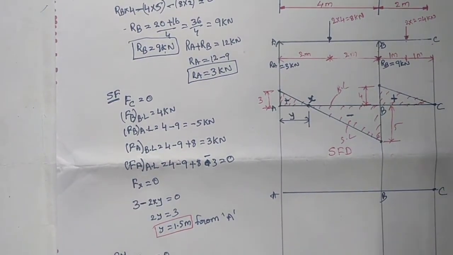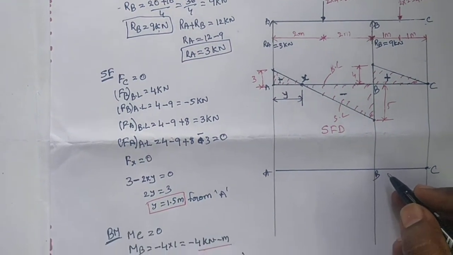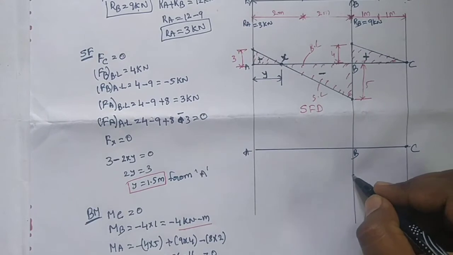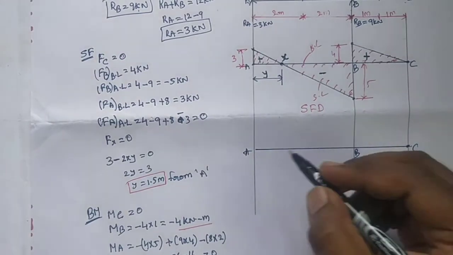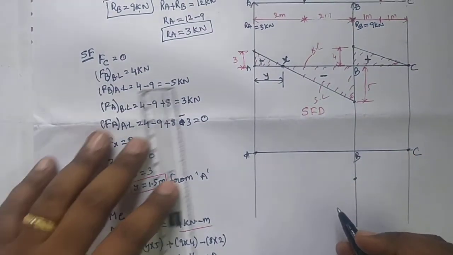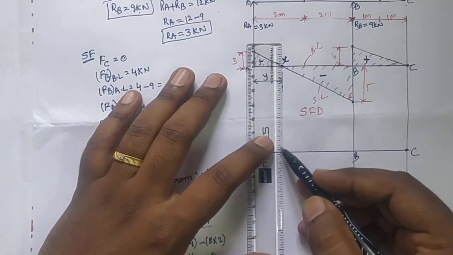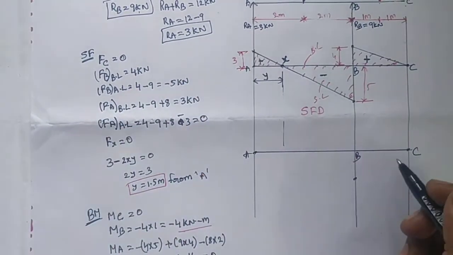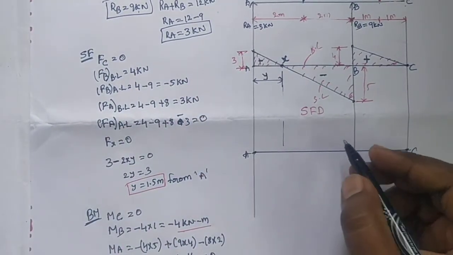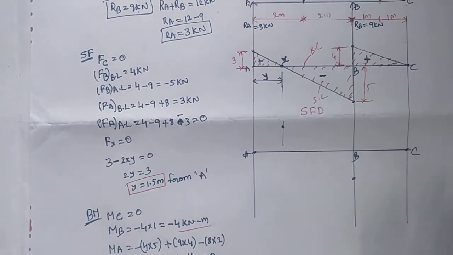Next, the bending moment at point B is minus 4, and minus 4 means we need to draw below the baseline. The bending moment at point A is 0. At point X we have the maximum bending moment, which is 2.25.